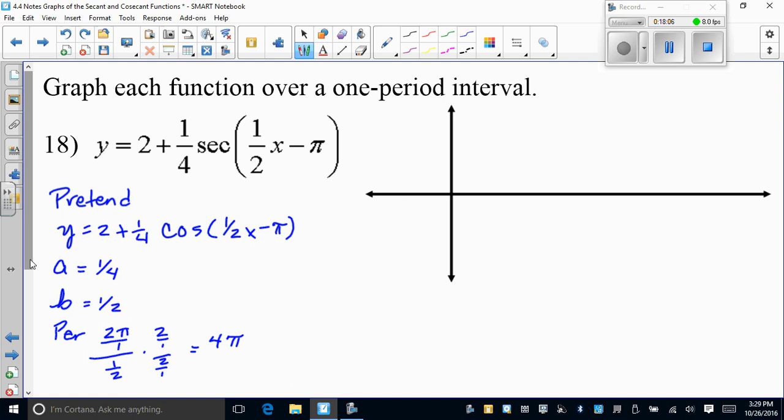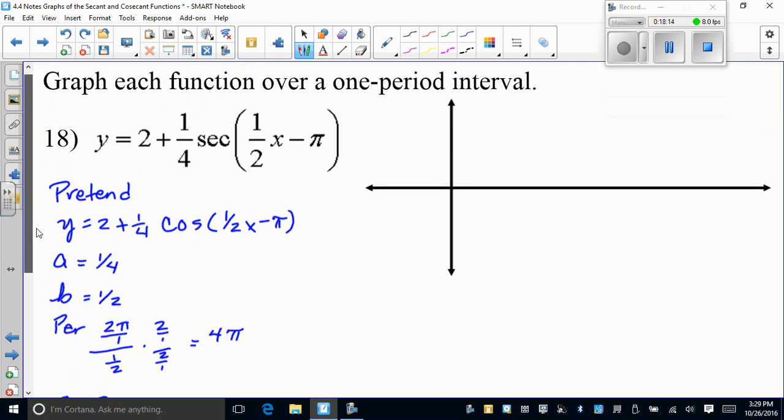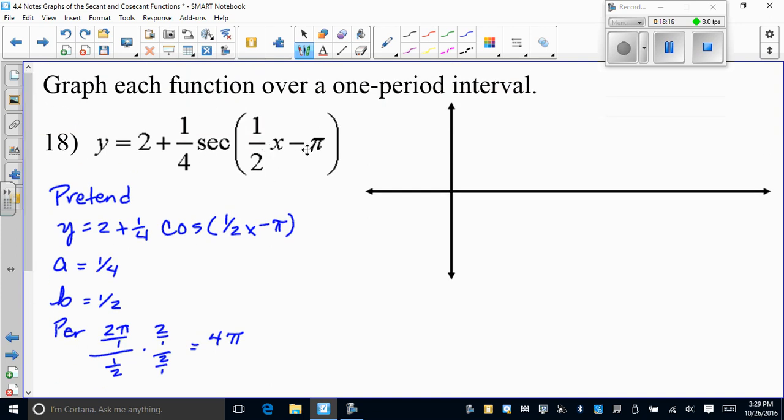Our C value equals 2, and our D value equals, you got to be really careful because this 1/2 is inside. So if I take a 1/2 out as a common denominator, you can see I'm going to be left with 2 pi.